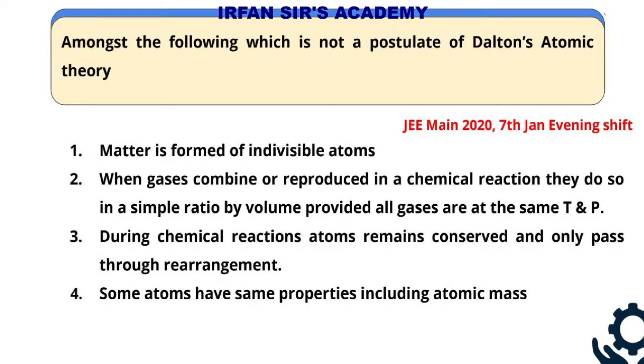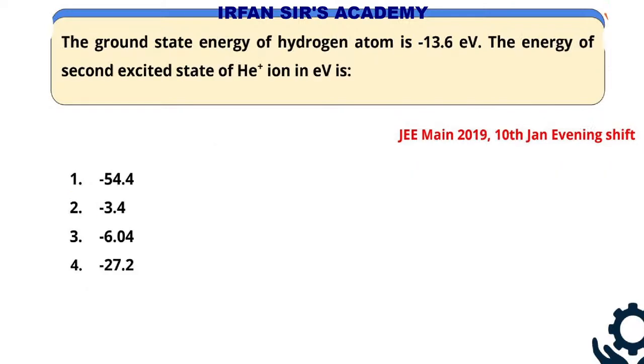That is Gay-Lussac's law, a law of chemical combination by gaseous volumes. But Dalton tells you that we can explain all the laws by mass. I hope it's clear to you. The answer for this is option number 2.